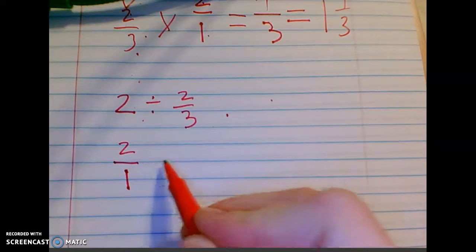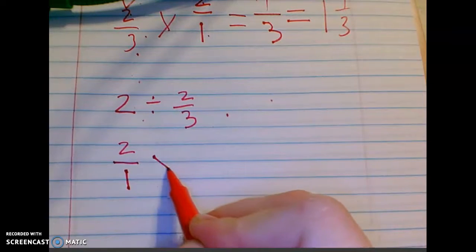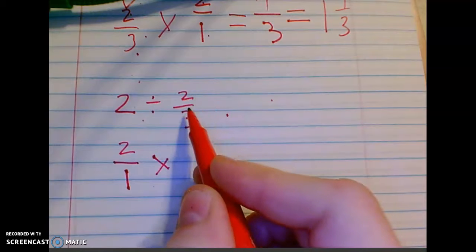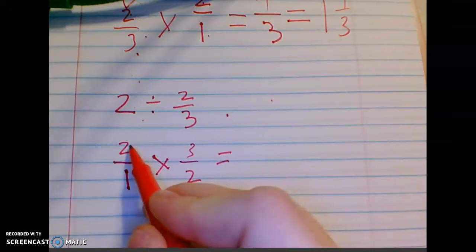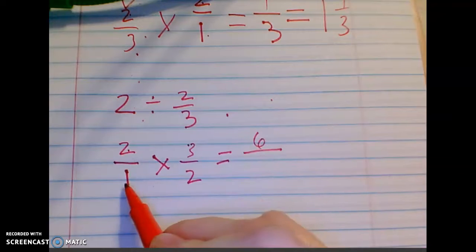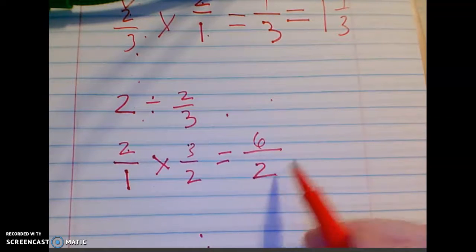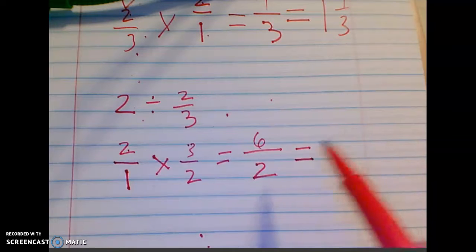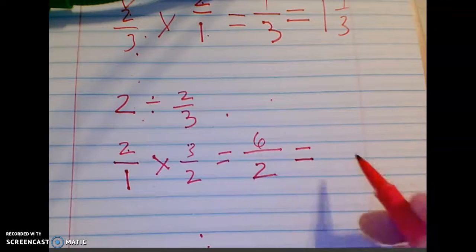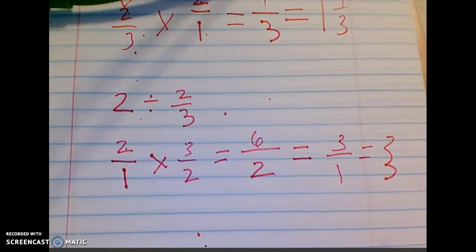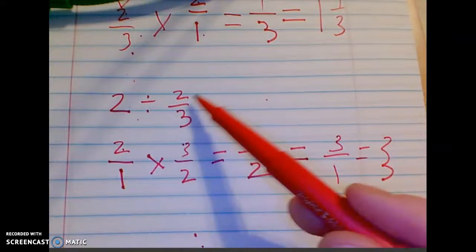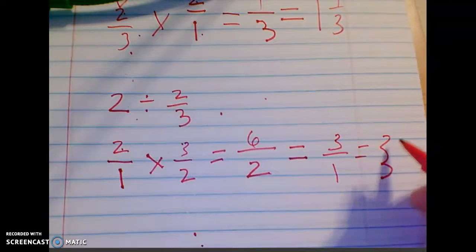Then we're going to multiply by the reciprocal of 2/3, which is 3 over 2. 2 times 3 is 6. 1 times 2 is 2. We need to simplify. 2 will go into 6 how many times? 3. It will go into itself 1. So that is 3. So we simplified the answer and found that the number of 2/3 in 2 is 3.